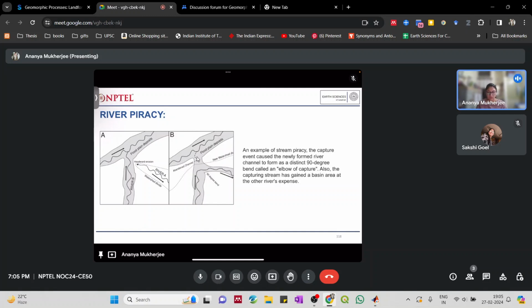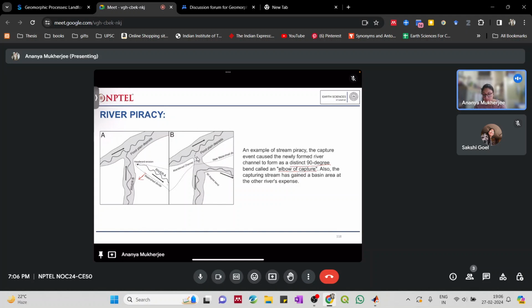Okay, so you can see that one of the ways that it can happen is called elbow of capture, where this river starts headward erosion. Okay, and this is the watershed divide. It kind of intersects with the watershed divide of this river which is flowing in this direction.